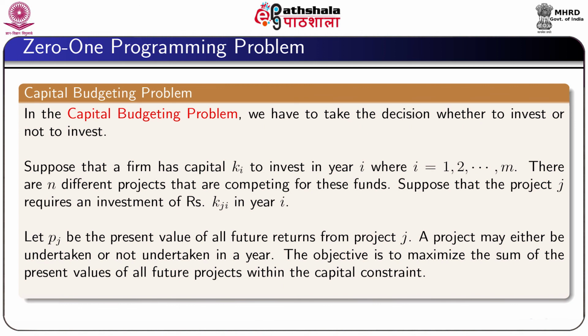Suppose that project j requires an investment of rupees Kji in year i. Let Pj be the present value of all future returns from project j. A project may either be undertaken or not undertaken in a year. Therefore, our objective would be to maximize the sum of present values of all future projects within the capital constraint.